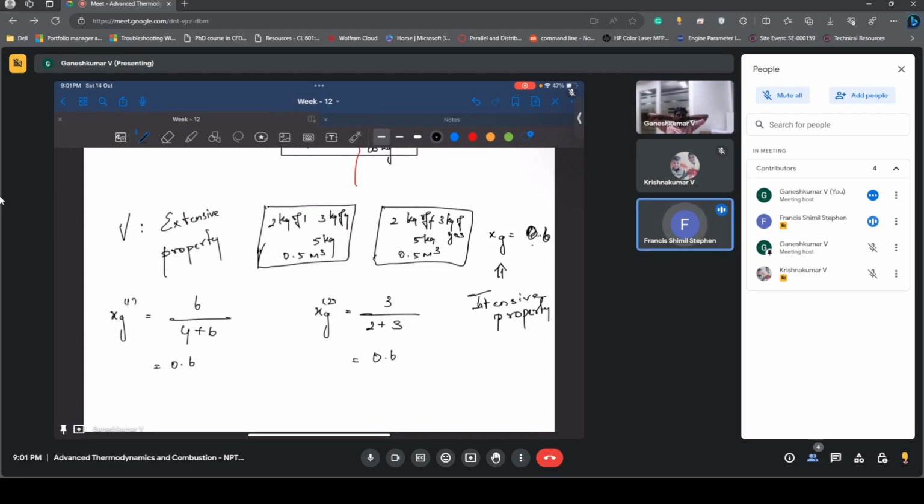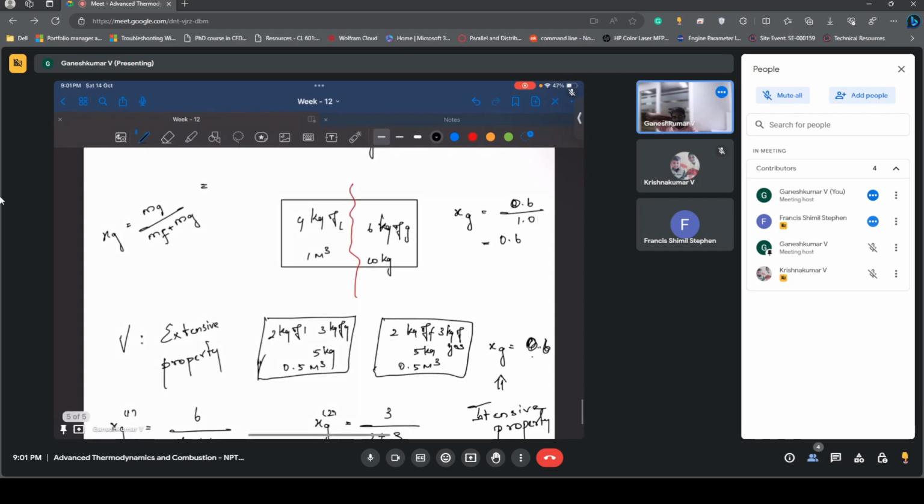How did you choose those numbers, four and six and two and three? I just randomly took some numbers, any numbers you give.